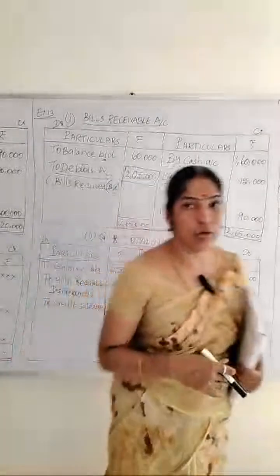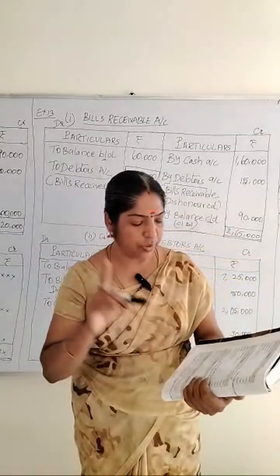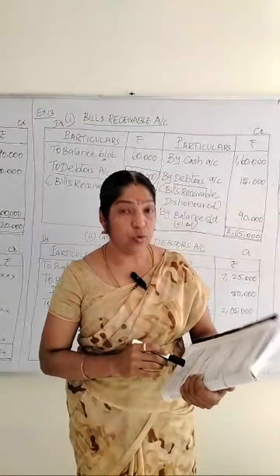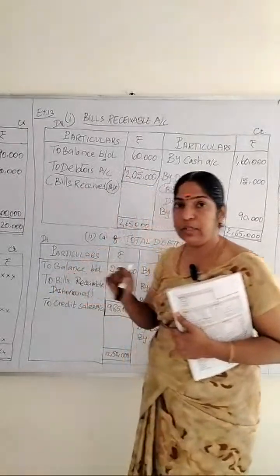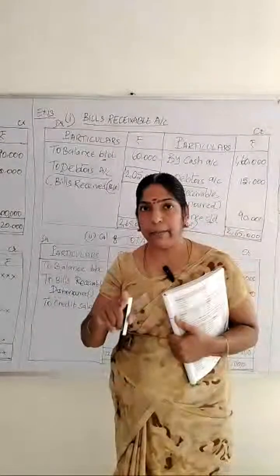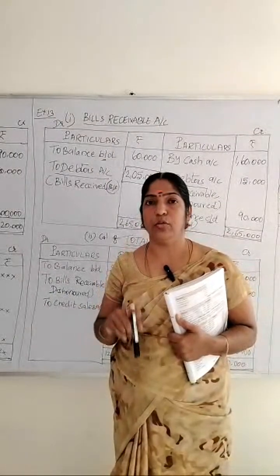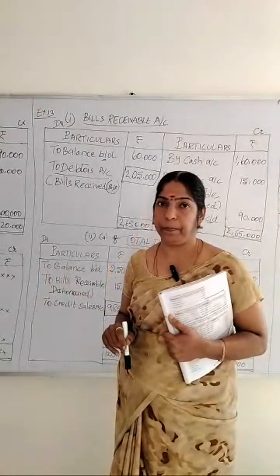The opening balance of the total debtors account always starts on the debit side.